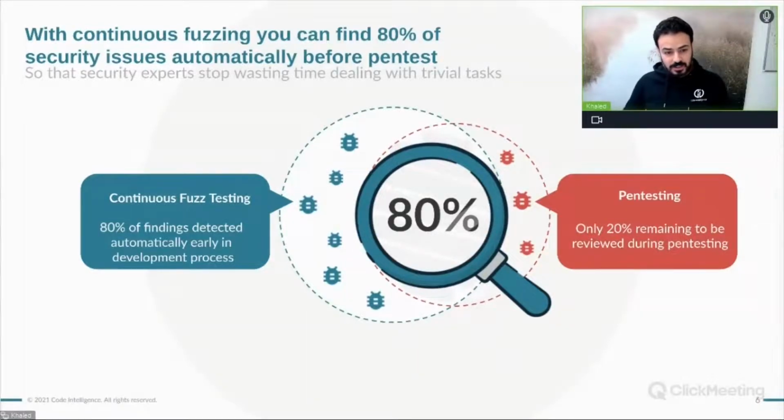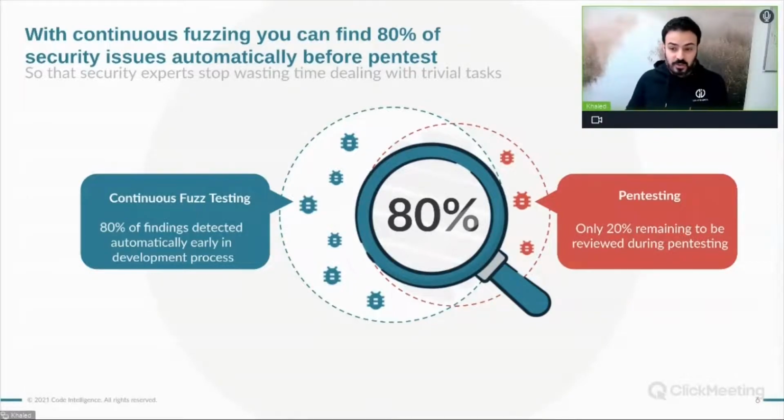This will enable them to fix these bugs much faster. The idea here is that we can use automation, in this case continuous fuzz testing, to find the majority of bugs, most of the 80% of the bugs, and save the resources for the pen testing effort to focus on the remaining 20% that actually requires human intelligence.